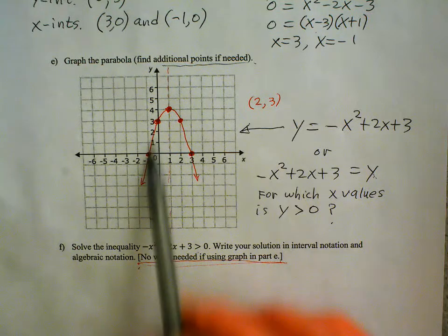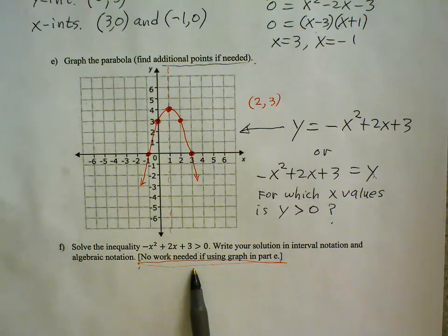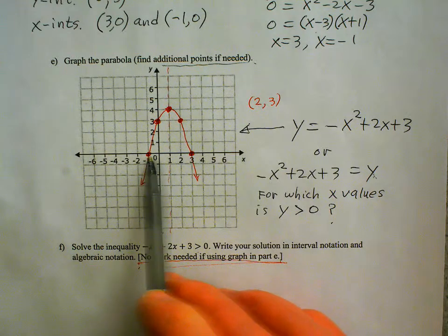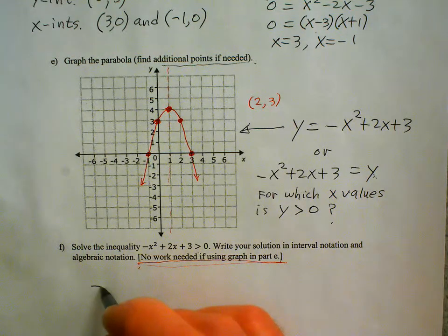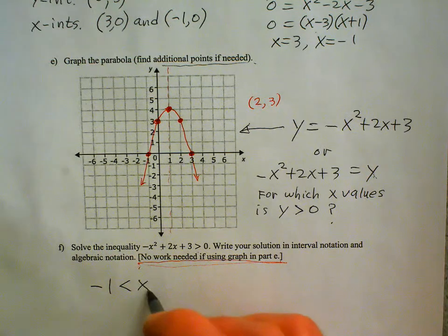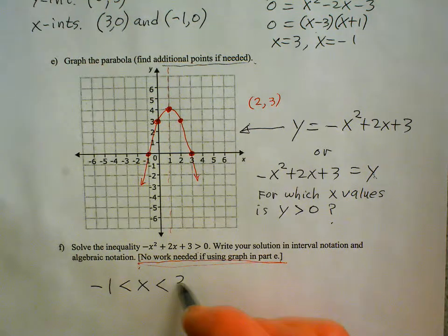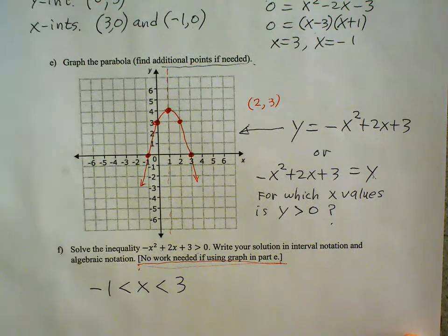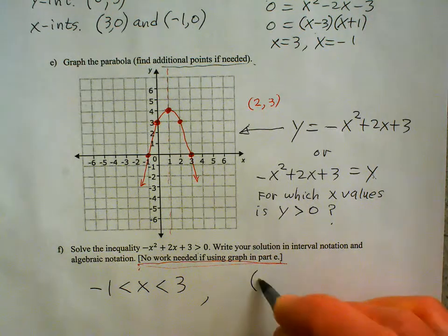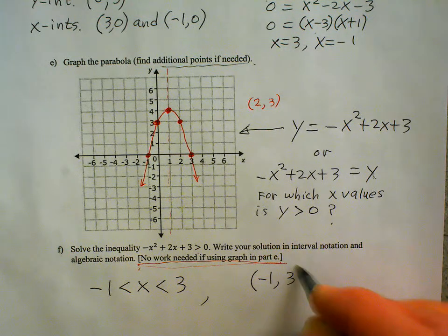So if we use the graph, we can say that the solution to this inequality in algebraic notation is -1 is less than x, which is less than 3. And then in interval notation, it's parenthesis -1 comma 3 parenthesis.